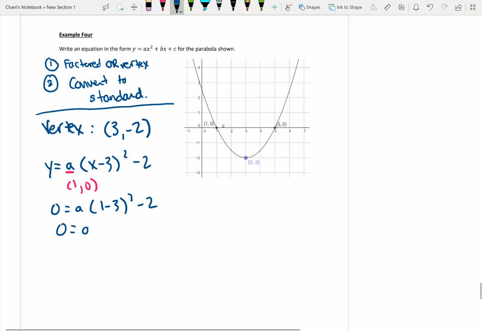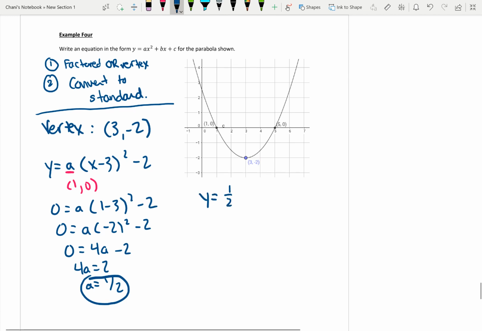So 0 equals a(-2) squared minus 2. So 0 equals 4a minus 2. So 4a equals 2, and a is 2/4 or a half. My equation in vertex form is y equals a half (x minus 3) all squared minus 2.